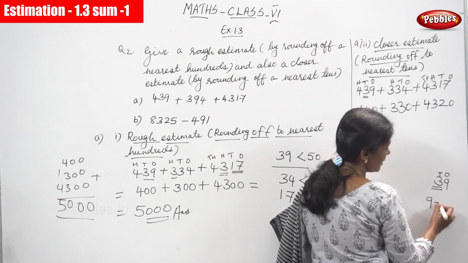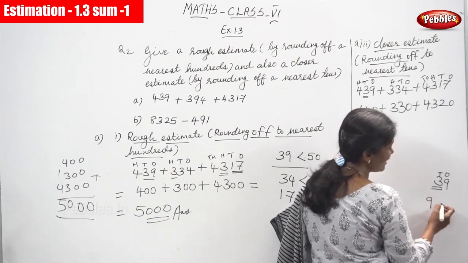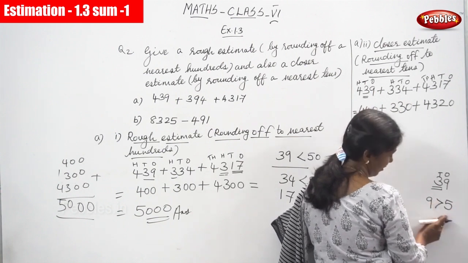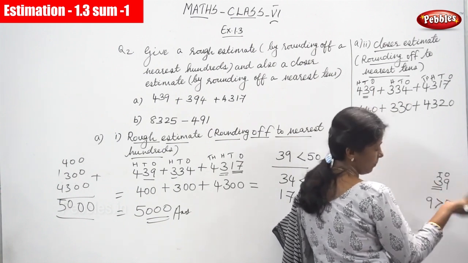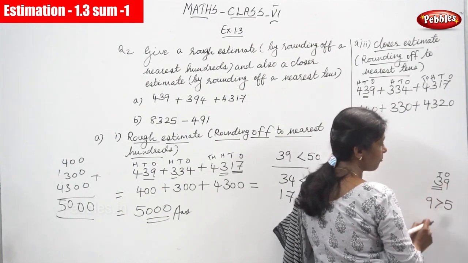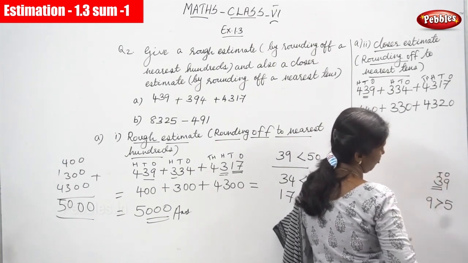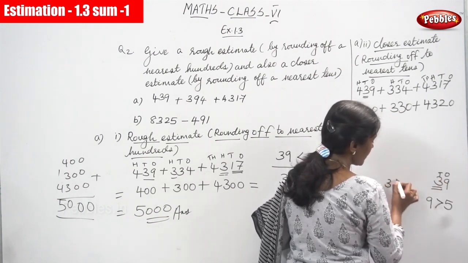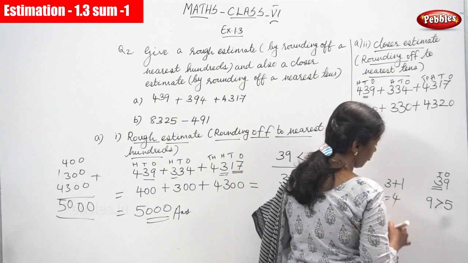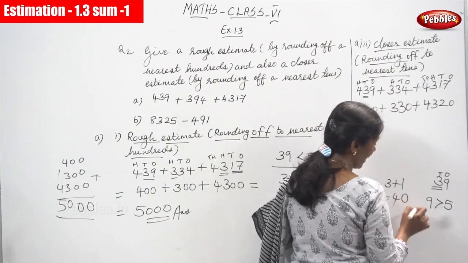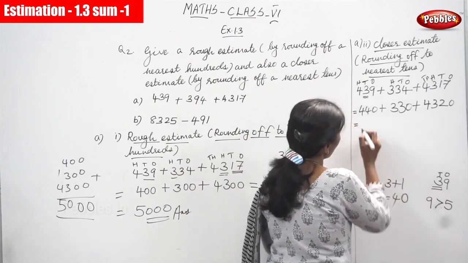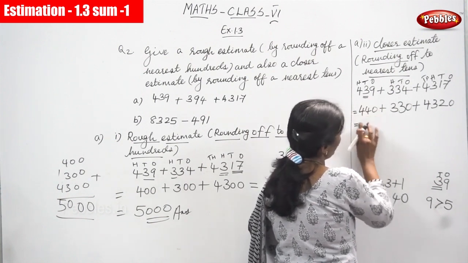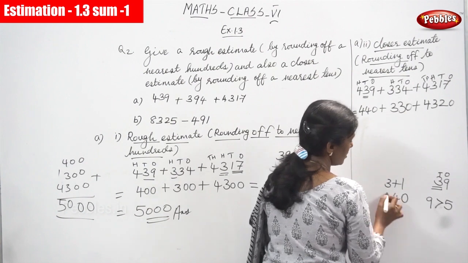So 9. 9 is greater than 5, which means 5 and above, so you have to add 1 with the tens place value. So 3 plus 1 becomes 4, and in the ones place value you put 0. The hundreds place is 4, so the answer is 440.